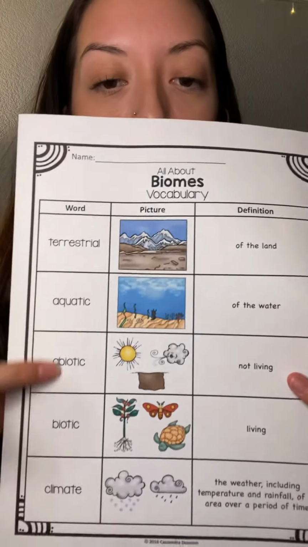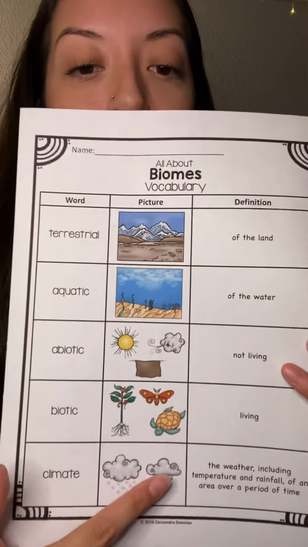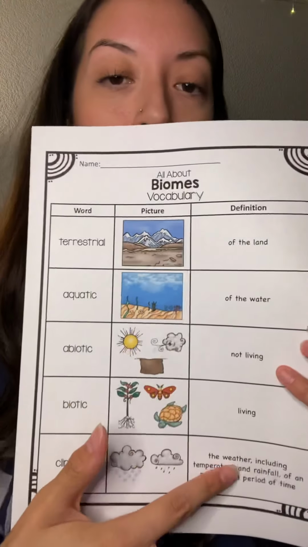So here's their words, here's the pictures that they could draw, and then the definitions. So I would do a sample with them first, and then they do the rest on their own. So I would read the passage, and just for this video, I'm going to read the passage just so you can see that they'll be able to find the definition of the word in the passage.